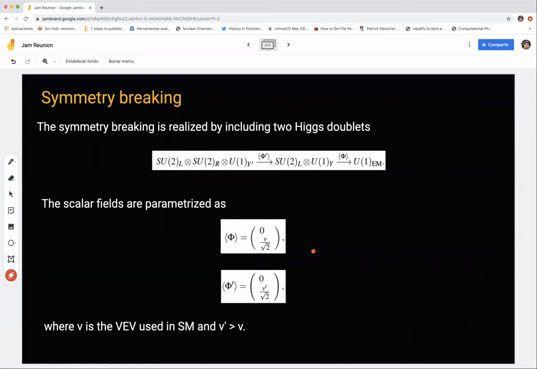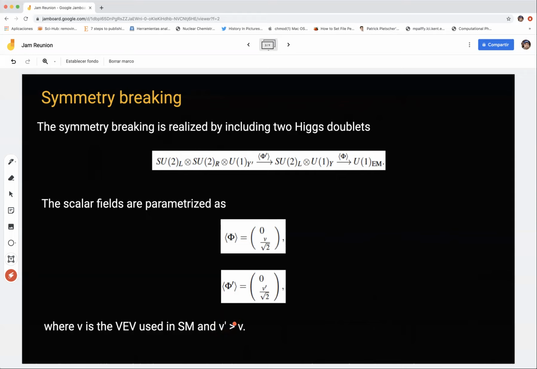The second stage is the usual breakdown of the standard model with the standard model doublet with its respective vacuum expectation value, denoted by v, as usual. Obviously, v prime must be larger than v.